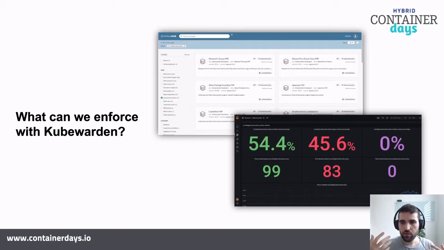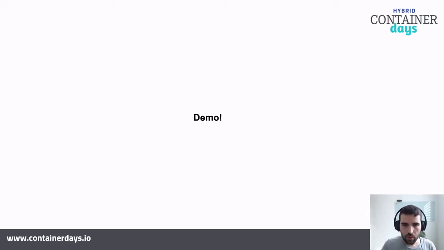So you can get that Grafana dashboard and extend it for your own needs. And it's all public and available and ready to use, so you can use it right away. But let's take a look at how that works in a real Kubernetes cluster in the demo.